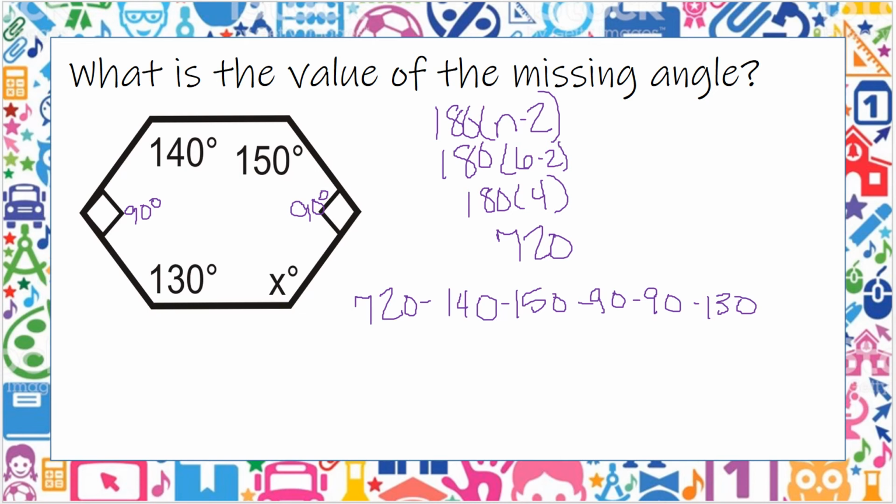So 720 minus 140 minus 150 leaves us with 120 degrees.